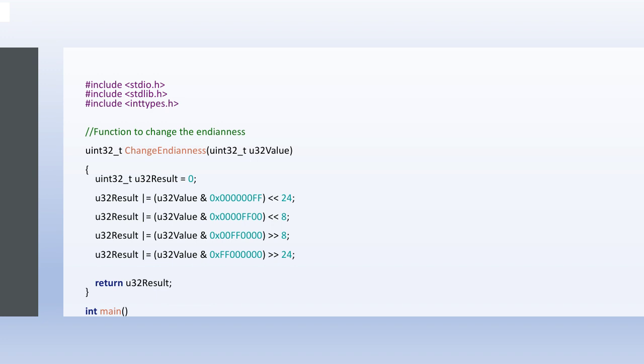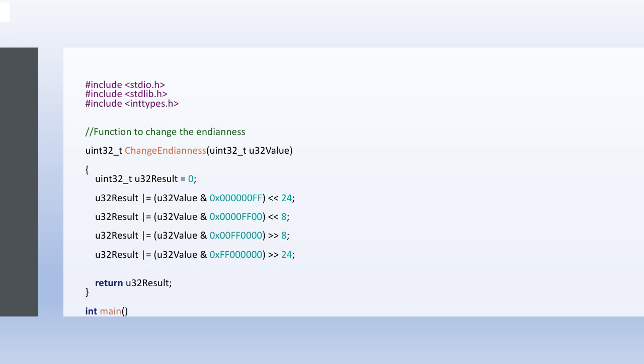Then right shift by 8 times, and then move that FF to the left side and right shift by 24 times. Each and every time when we are doing it, we are adding with the u32 value and we get the u32 result. We return that value to the function.